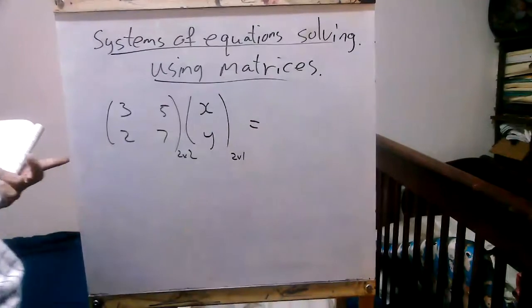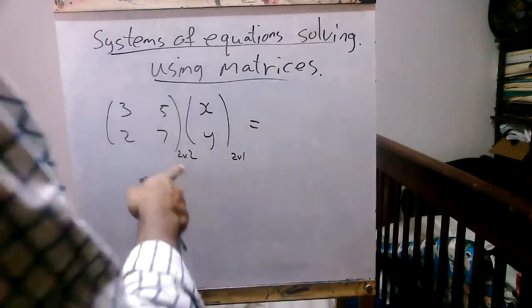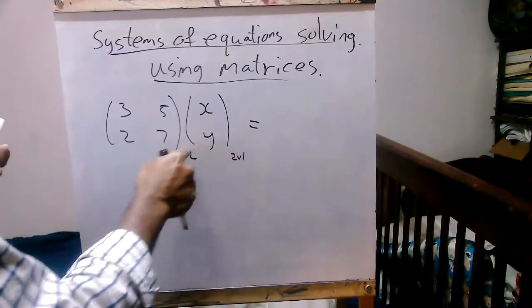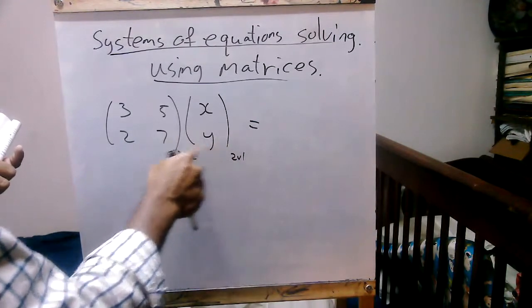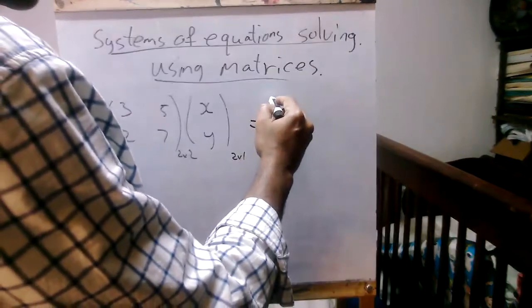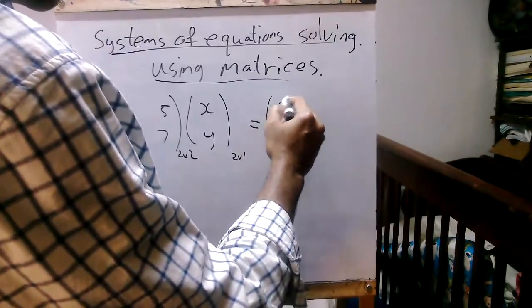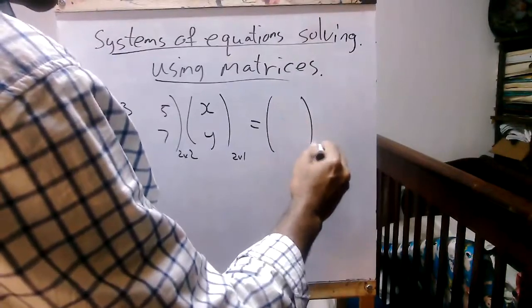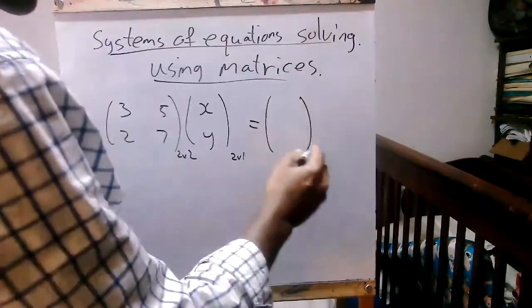What we should get is 2 by the number in the middle. We can forget about that and we get a 2 by 1 matrix. It's a column vector.